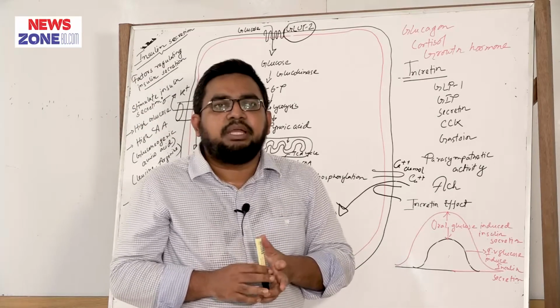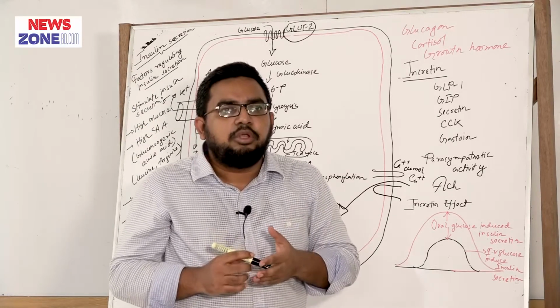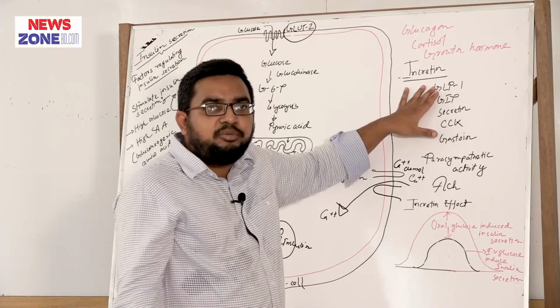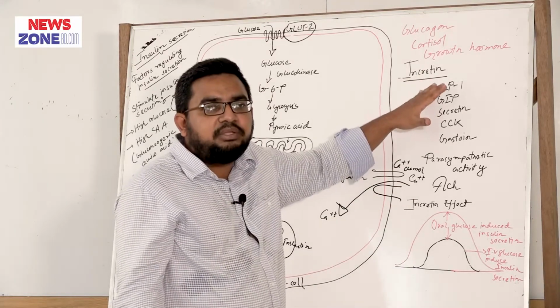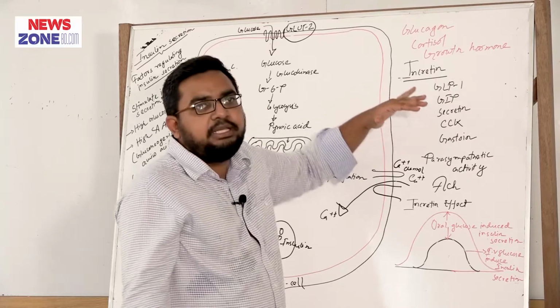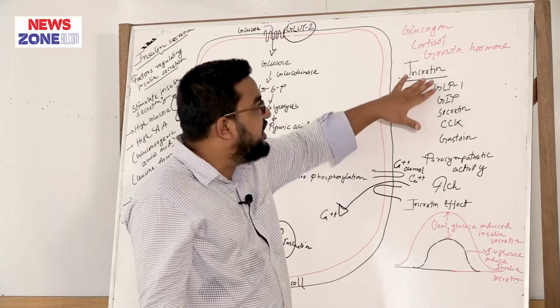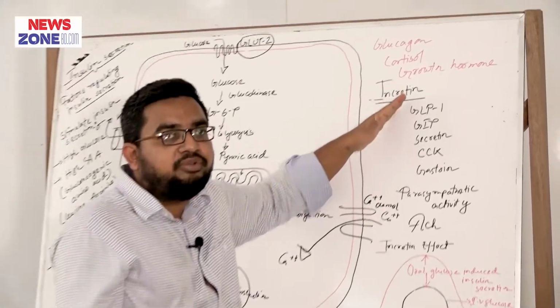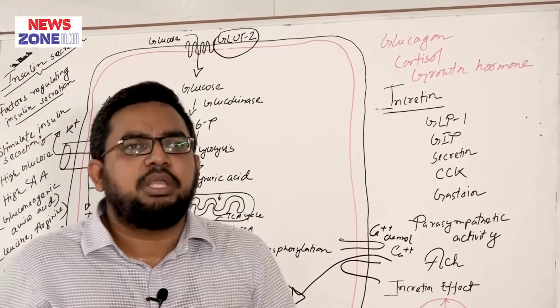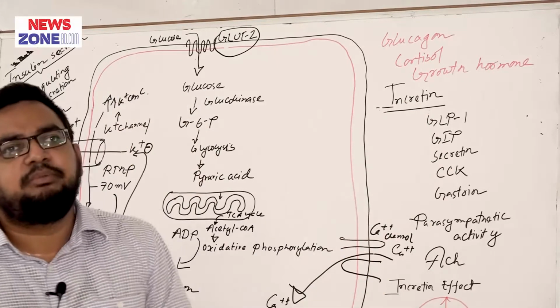If we inhibit dipeptidyl peptidase enzyme 4, the GLP-1 level will increase. When the GLP-1 level is increased, it acts as an incretin, and that's why GLP-1 analogs or agonists and DPP4 inhibitors are called incretin mimetics.